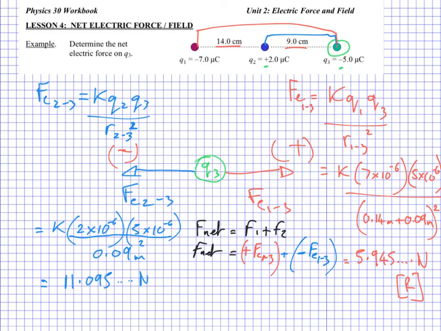Now I know those values. Essentially what I'm doing is just taking one away from the other. Hopefully you can already see, without even doing the calculation, this force is bigger than this force. If I make my vector arrows a little more to scale, they're about twice, so let's make this one about half the size.